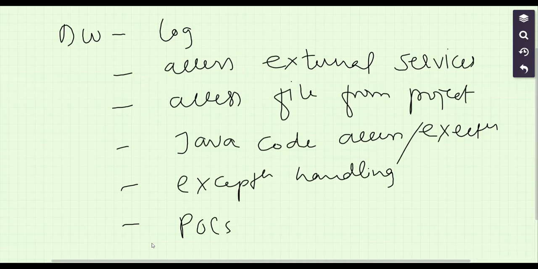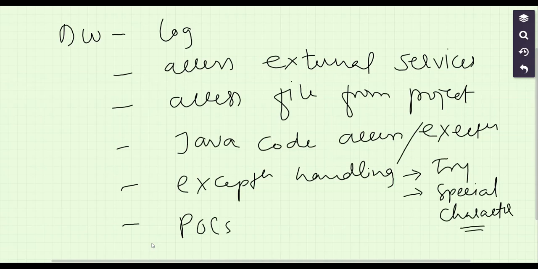In exception handling, we'll see a few scenarios with a try, and then I'll talk about some special characters and how to handle them. If you don't handle them right, they will throw errors. So, special characters within a script and how to handle them. Okay, so this is what I have planned for today. Let's start with our first thing.